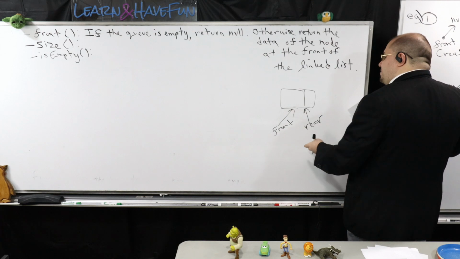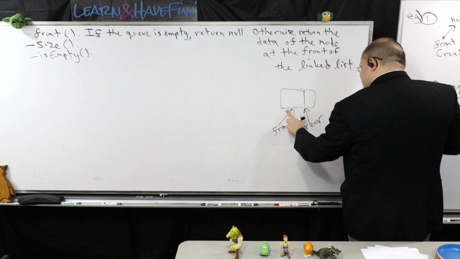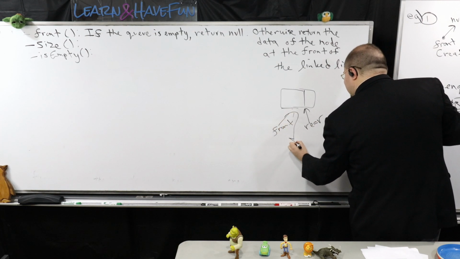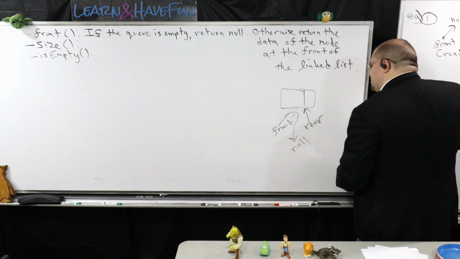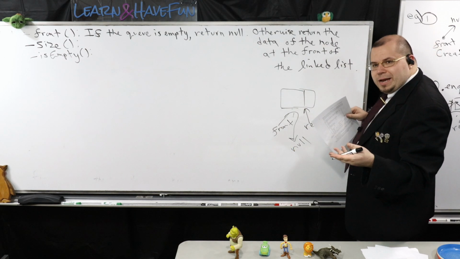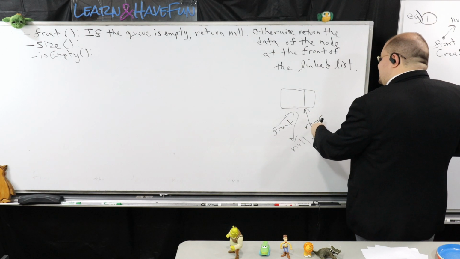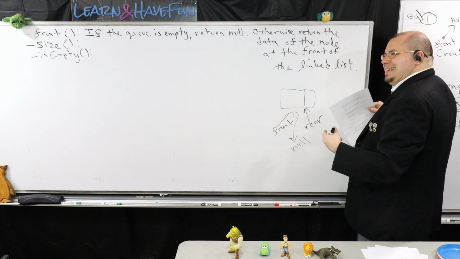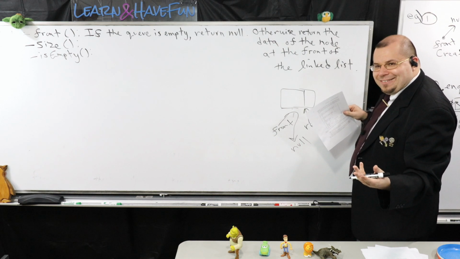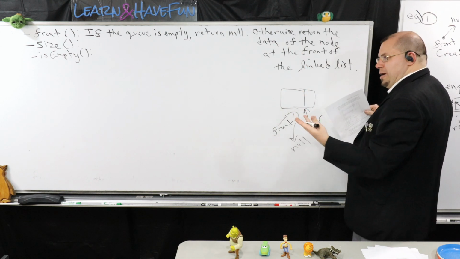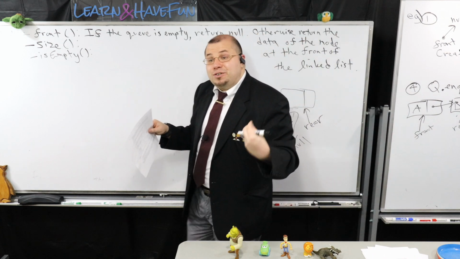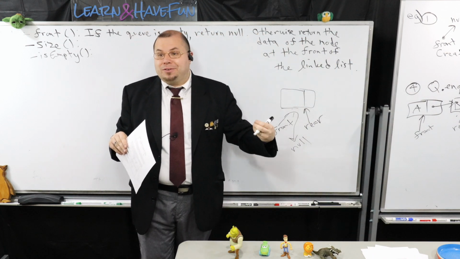Suppose I update the front to be null. But if I don't update rear, just being hypothetical, it's still pointing at wherever this node was, even if I delete it. So this is why I'm suggesting you have to update the rear to be null too.